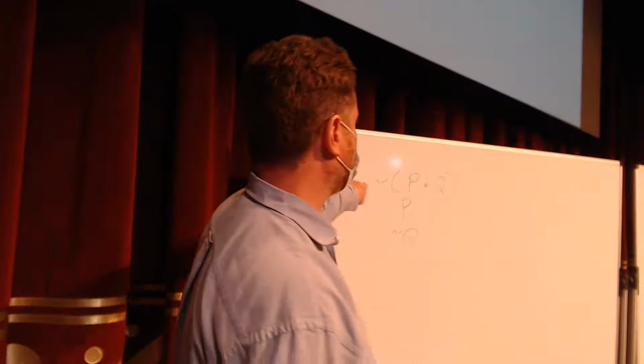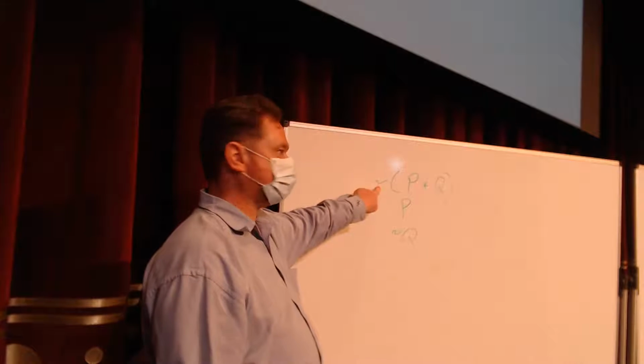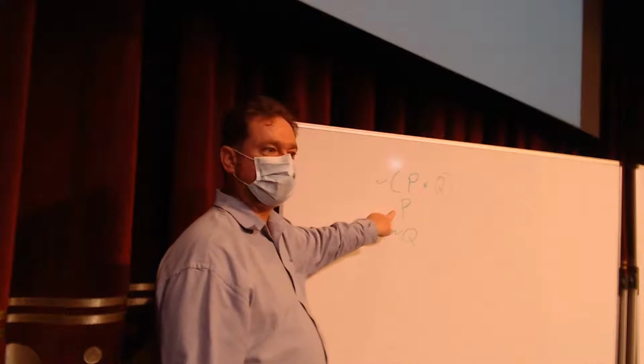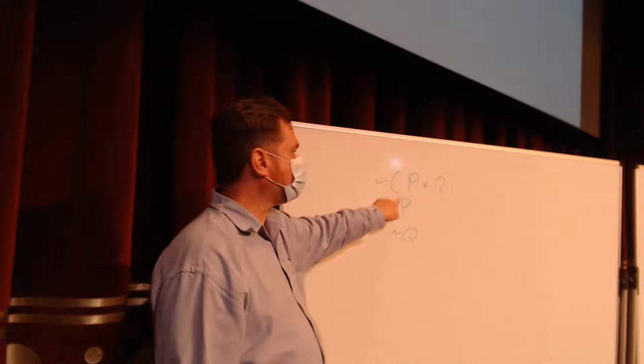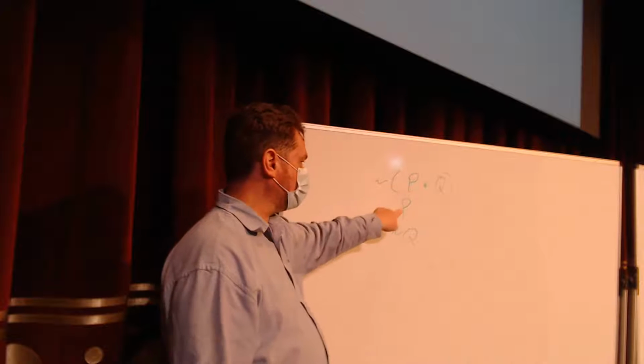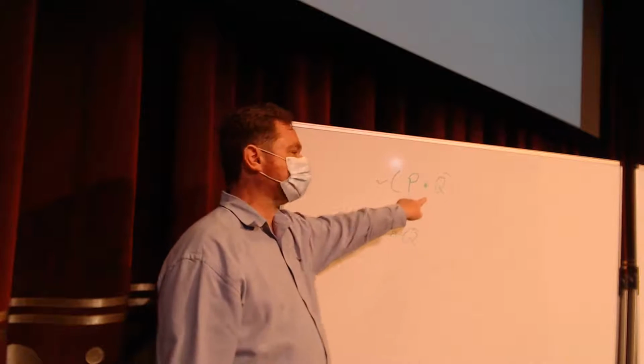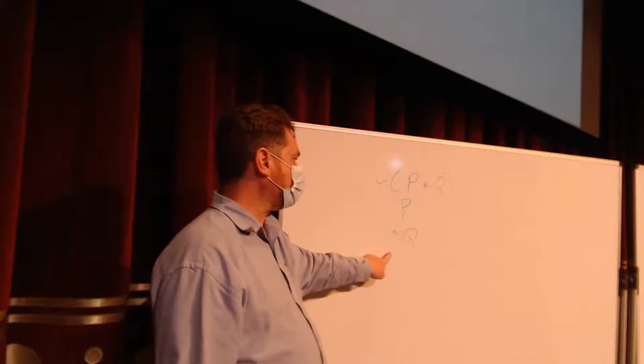So again, to say this in English, it can't be that both P and Q are true, and we also know that P is true. If we can't have both of them true, but we know P is true, then we can infer the opposite of the remaining side, not Q. And it works with both sides.